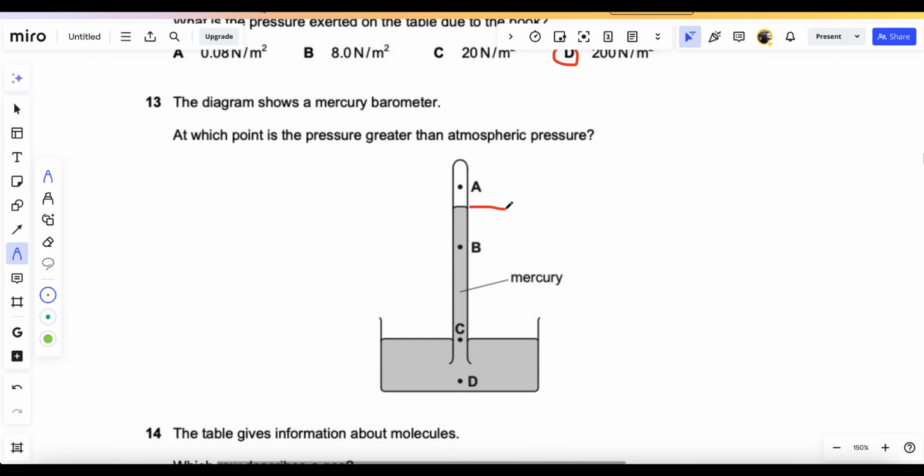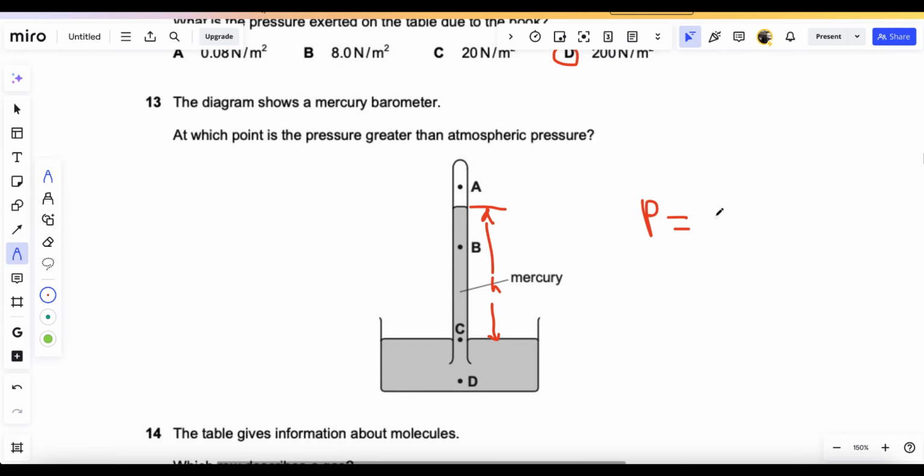We use it as the h in our pressure calculation, the height of the liquid displayed here. Remember, pressure is equal to rho gh.